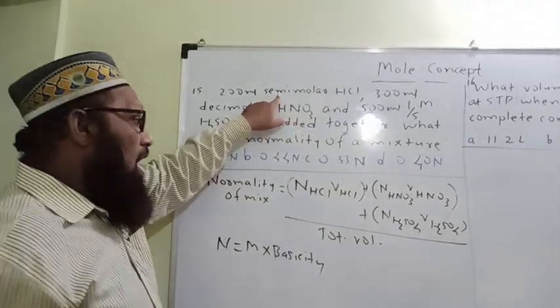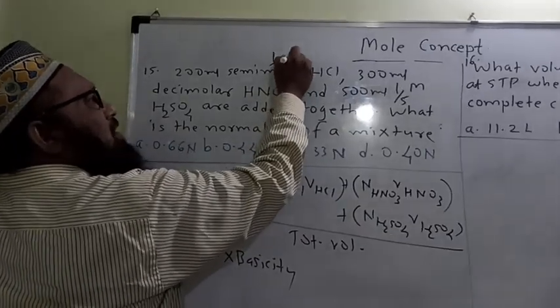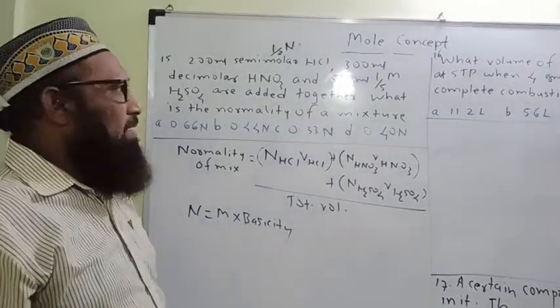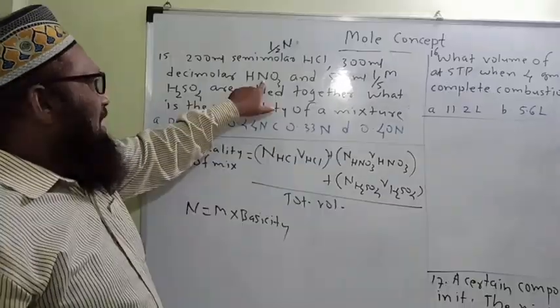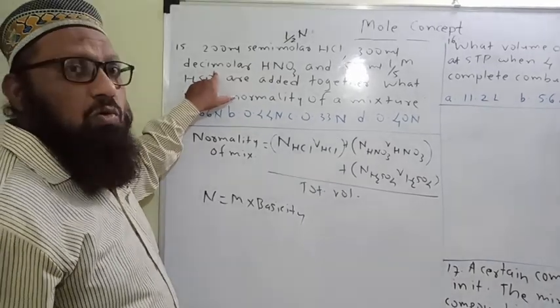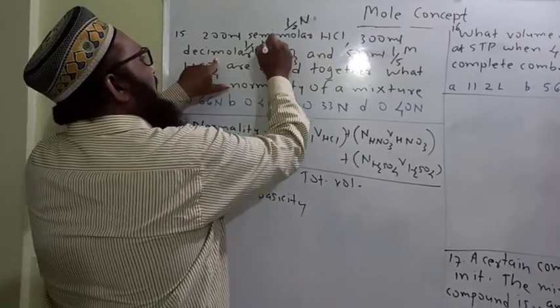Semi-molar means half molar. What is the meaning of semi-molar here? Half molar is equal to half normal because basicity is 1. Nitric acid, again basicity 1. Decimolar means 1/10 molar, which is equal to 1/10 normal.